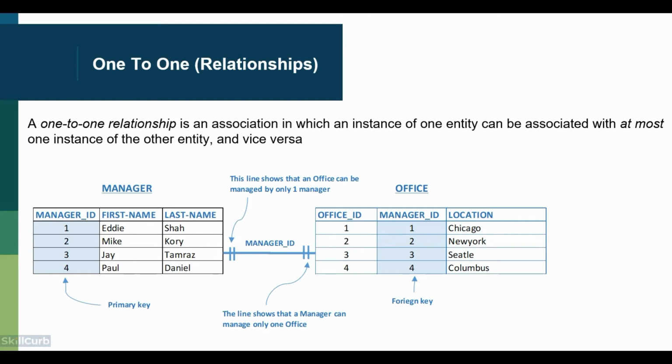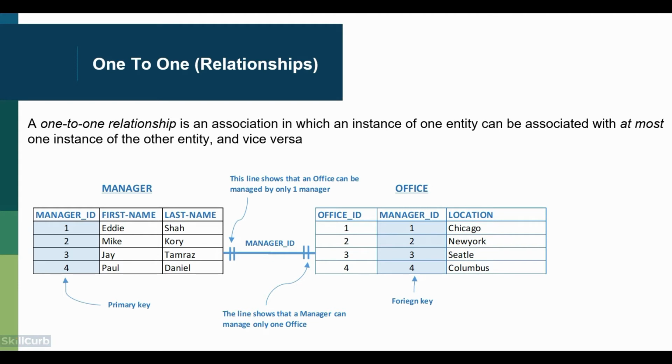It's a mandatory relationship as the modality is also showing 1 with the vertical bar, and the maximum relationship is also 1. And another example can be US citizens and a social security table. So US citizens table, which has a first name, last name, and then another table as social security.